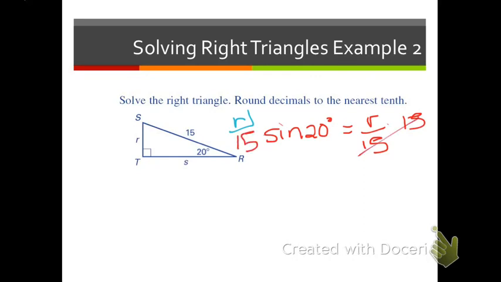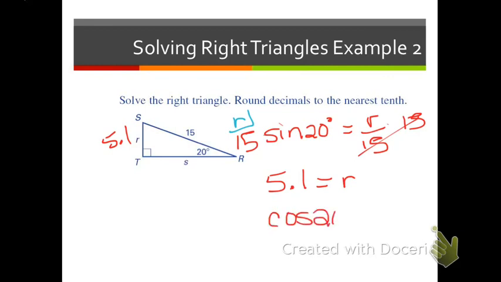So I'm going to pop that into a calculator. 20, take the sine of that, times 15 equals 5.1 for R. And then I can either use the Pythagorean theorem to find S, or I can use trig. I'm going to do trig again.